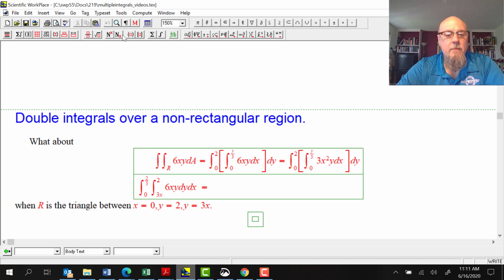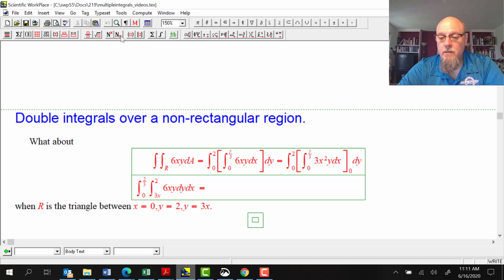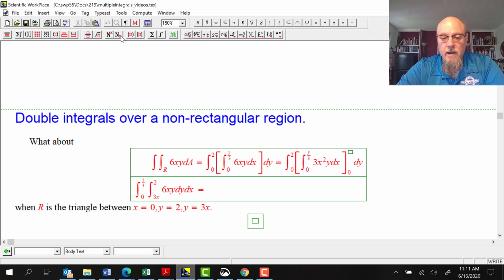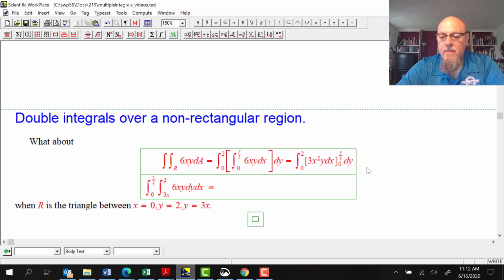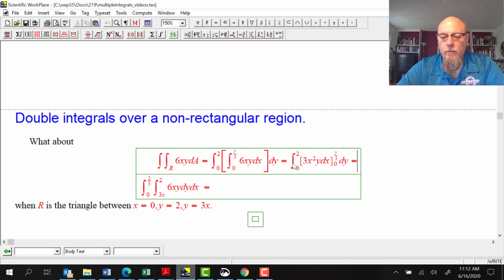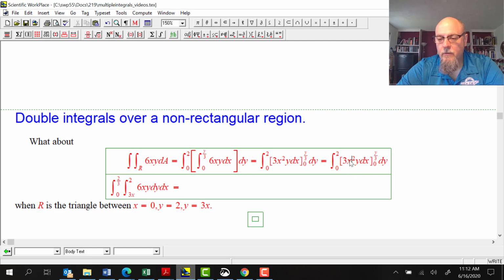And now our endpoints, we're going to sub in the top minus sub in the bottom, and our bottom here is y over 3. And those are x's. So let's do that. When we sub in the y over 3, I'm subbing it in for x. So that'll be y squared over 9. Y squared times y is going to be y cubed.